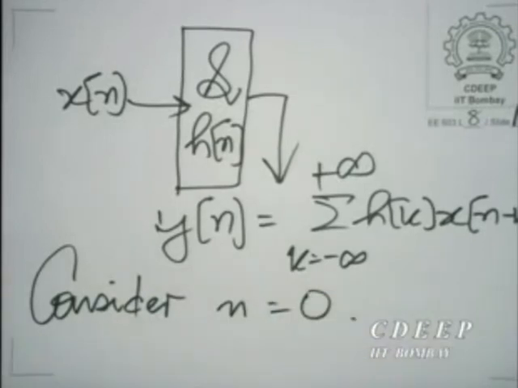Now we are going to give a particular troublesome input x[n], and we want the output, of course, if x[n] is bounded, troublesome but bounded.